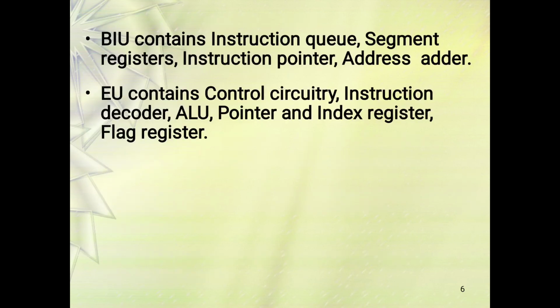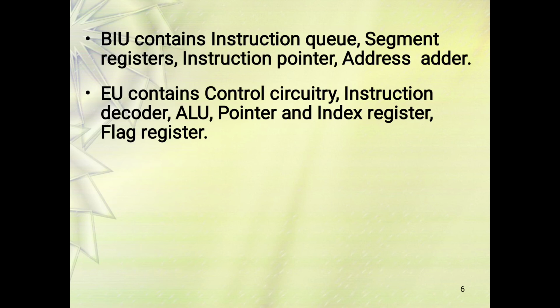The bus interface unit contains the instruction queue, segment registers, instruction pointer, address adder. The execution unit contains control circuitry, instruction decoder, ALU, pointer and index registers, flag registers, etc. The most important ones here are the segment registers. Already said there is a code segment, data segment, stack segment and extra segment.